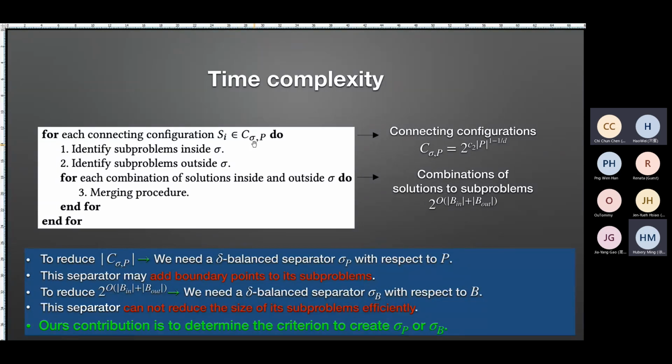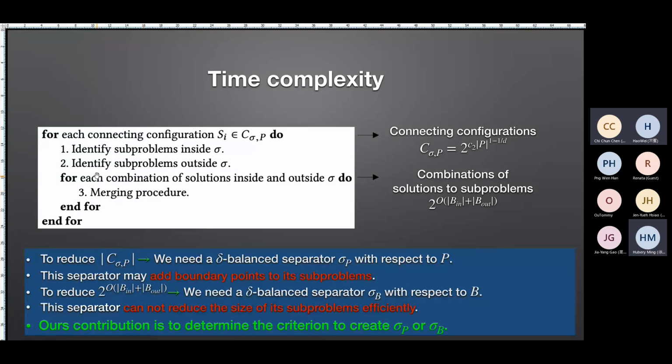Once we identify the subproblems inside and outside of the separator, we will call the algorithm again, and we will discuss it later. For the second for loop, we would like to merge the solutions to the subproblems, and we do the merging procedure.